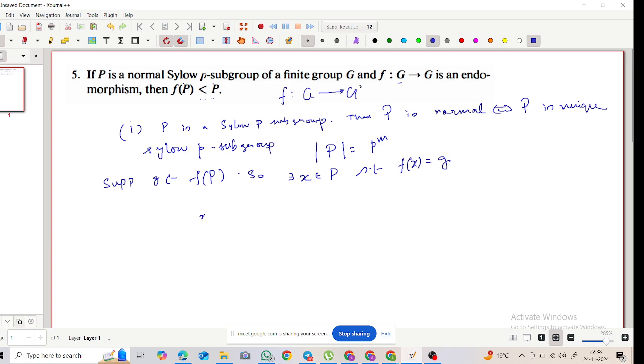So the order of x is p to the power something, let i. So f(x) to the power i, which is f(x) whole to the power i, is g to the power i, right?